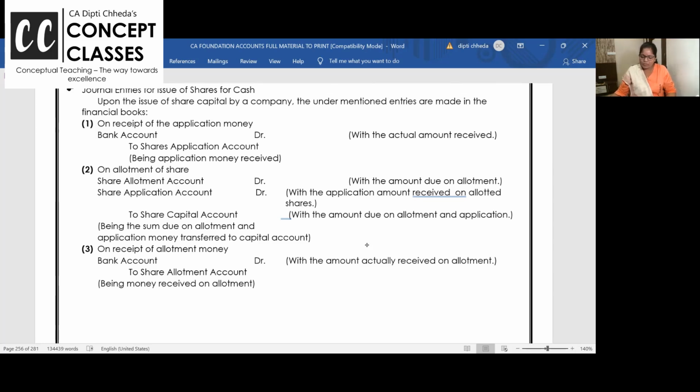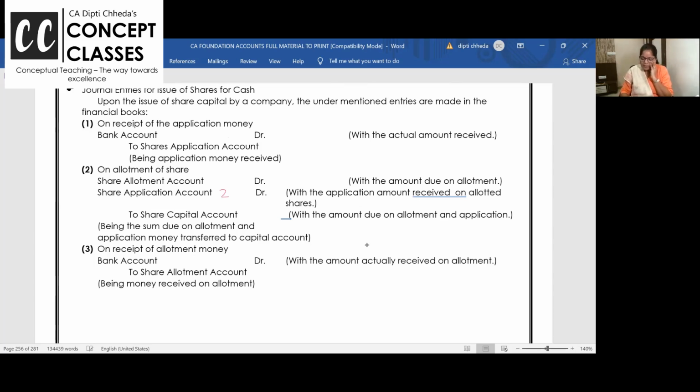तो bank account debit to share application account. Bank account debit to share application account when application is received. Now when application you allot, share application debit 2 rupees. Okay, एक problem करेंगे तो clear हो जाएगा.